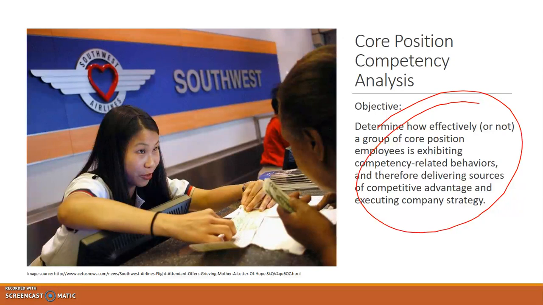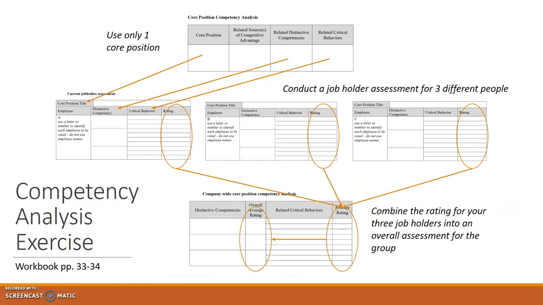So you're going to be going back to the competencies that you previously identified in case study part 1, linking that up with your core positions that you've identified here in case study part 2, and analyzing a group to figure out, are they exhibiting the competencies that are necessary for the company to have sustained competitive advantage.